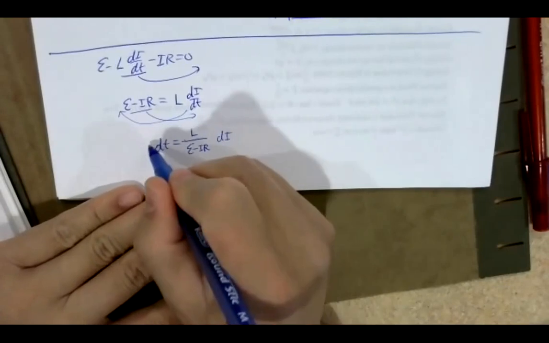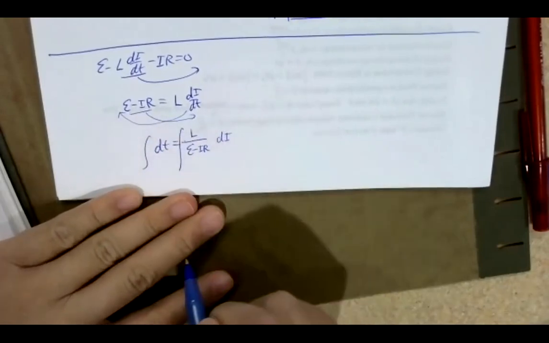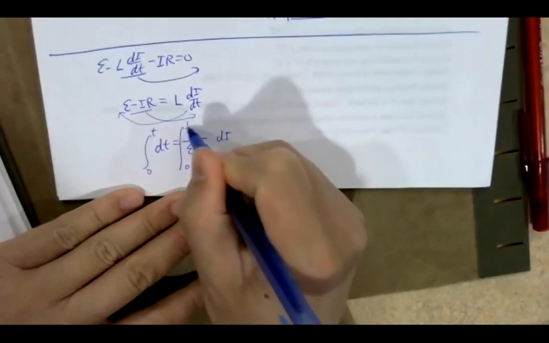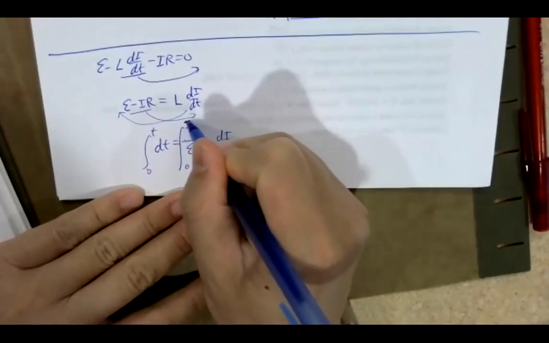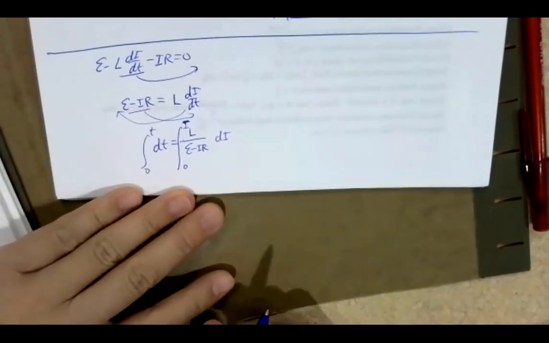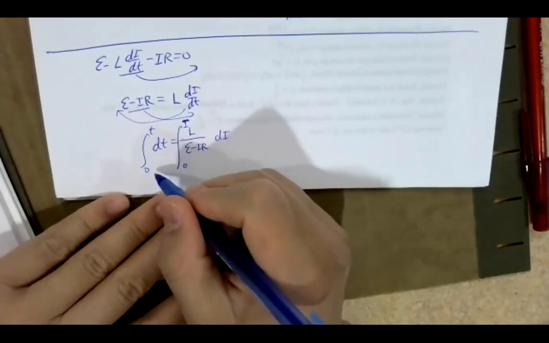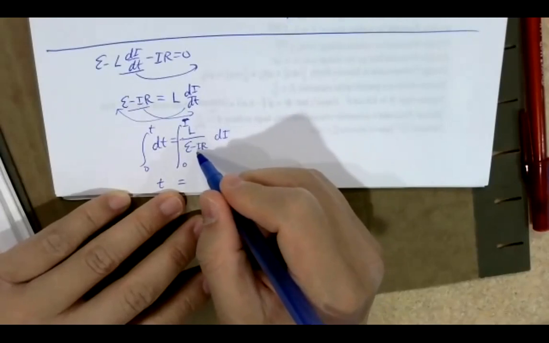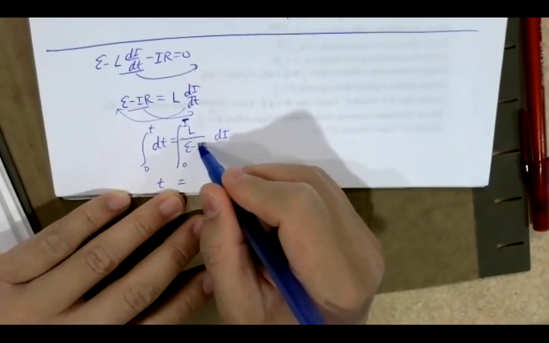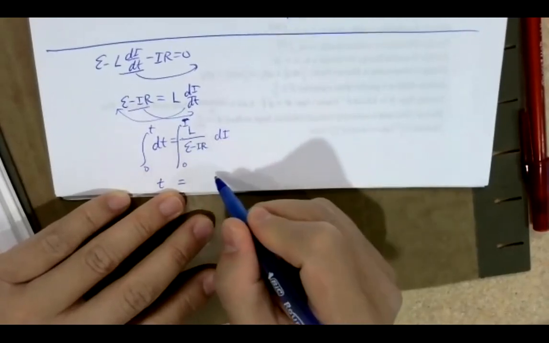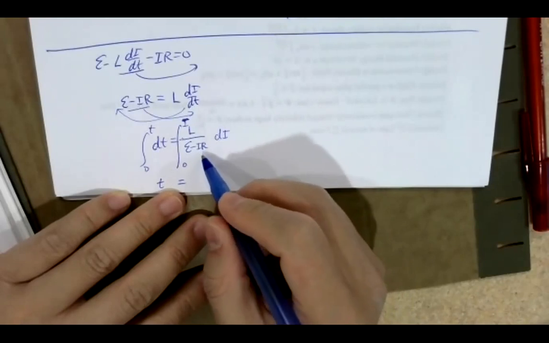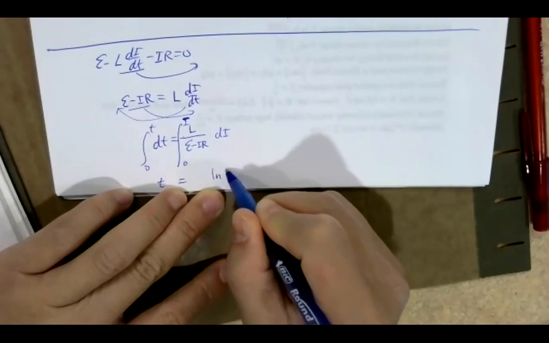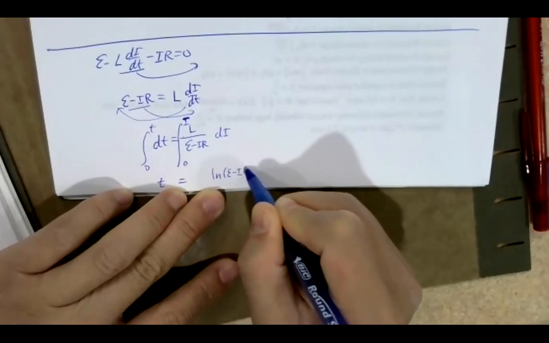Then you do integration on both sides of the equation, from 0 to t and from 0 to I. On the left-hand side, you will just have t. On the right-hand side, because you have minus IR, this is in the denominator, so it gives you the natural log of (epsilon minus IR).